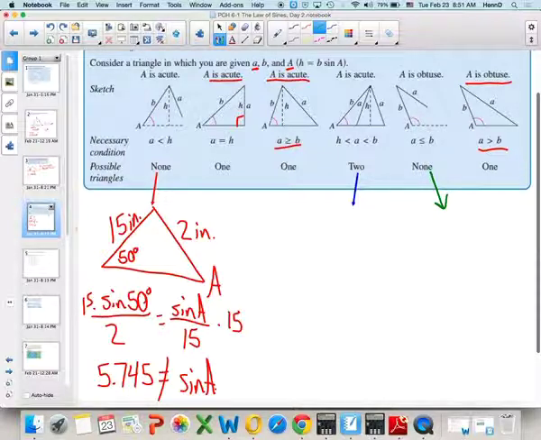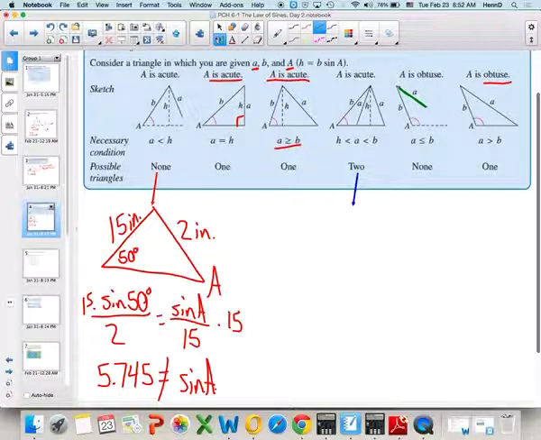So if A is less than B, or even equal to B, because if it's an obtuse angle, we can't have another obtuse angle that would make sides congruent, that's going to be impossible. You're not going to be able to reach the whole side like you would over here for an obtuse triangle. So that's another case where we get something that's impossible to make a triangle out of.